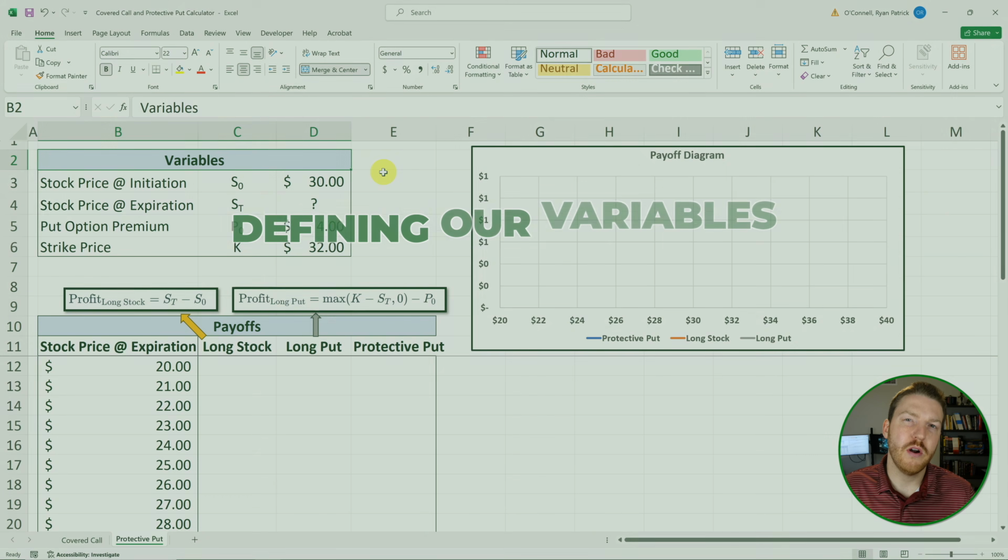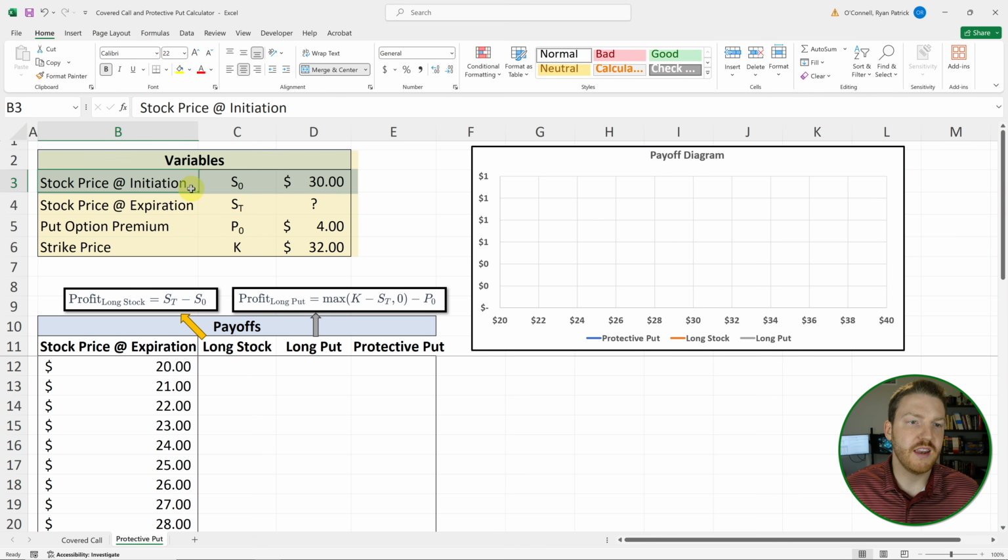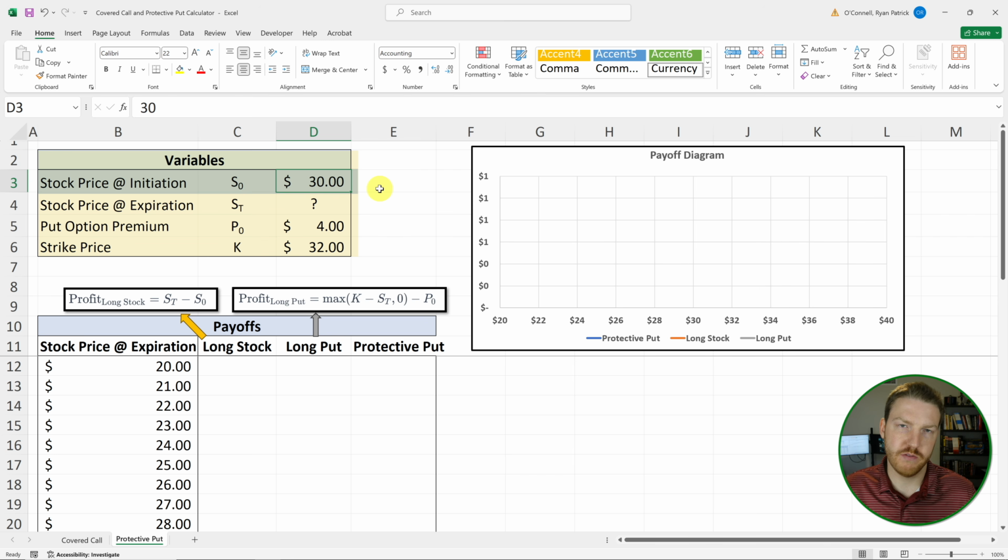First, let's go over our variables. The first one is going to be stock price at initiation, which we'll call S0, and that's $30. So if I wanted to go out into the market right now and buy one share of this stock, it would cost me $30.